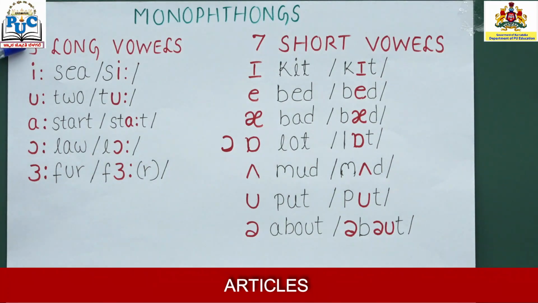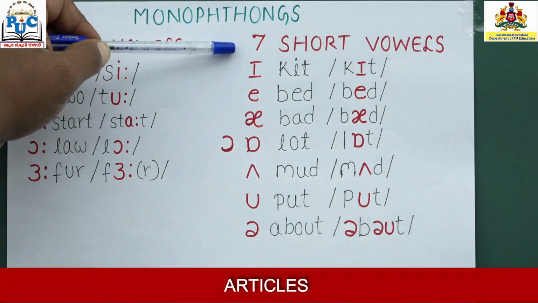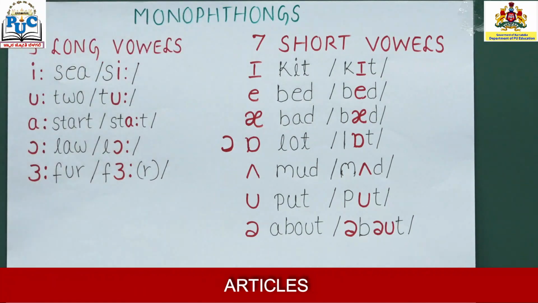See, there are 5 long vowels and there are 7 short vowels. You can see all these vowel sounds in your workbook. The first one here is a long vowel.